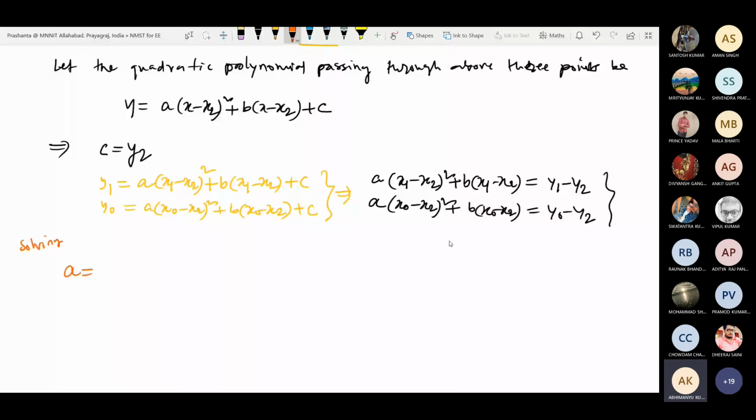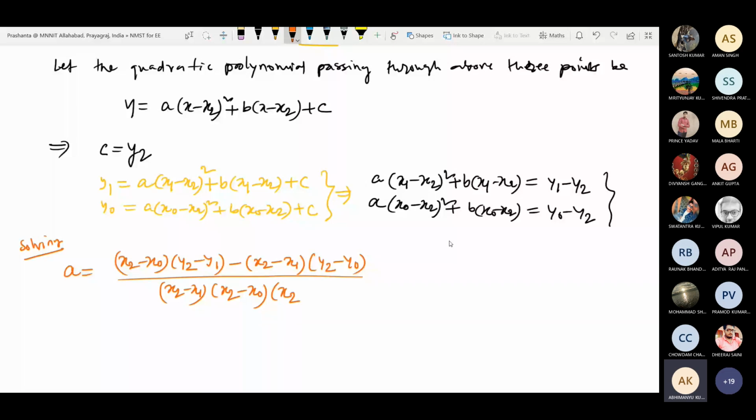A will be equal to x2 minus x0 into y2 minus y1, minus x2 minus x1 into y2 minus y0, by x2 minus x1, x2 minus x0, x1 minus x0 into x1 minus x0.